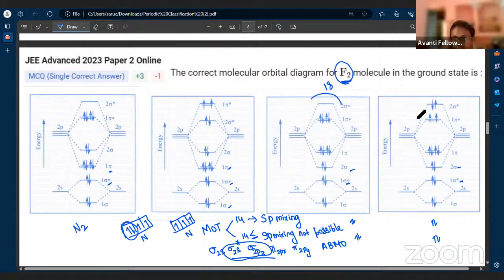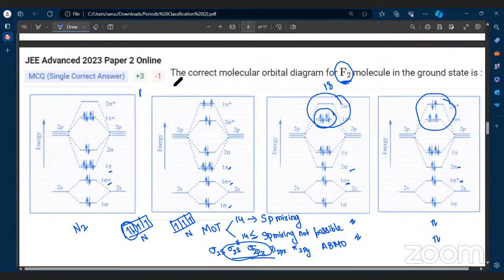Now, here is the thing where the change happens. So, which one is going to be the right one? Whether sigma, pi should be filled first, or this one. Which one is right? The third option is right, yes.